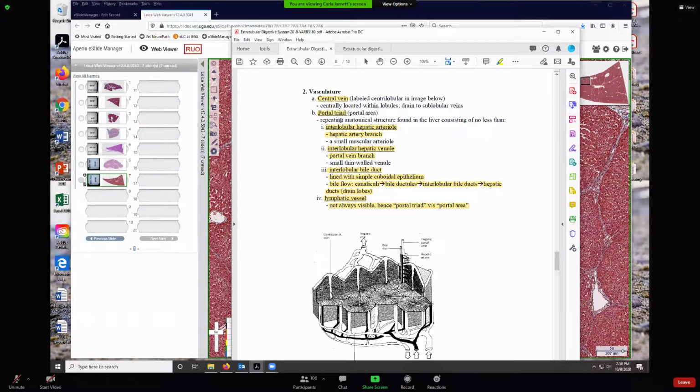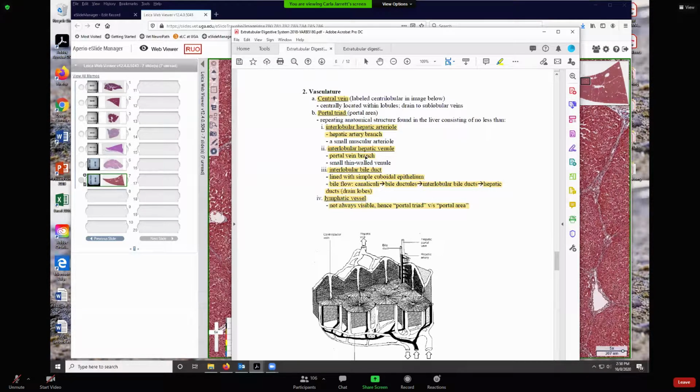And we're going to send those branches in, and they're going to divide and divide and divide and encircle each lobule. Those vessels are. And by the time they get small enough to circle each microscopic lobule, we're going to call them interlobular vessels. And the hepatic artery will be down to the size of an arteriole. Sometimes we'll call that the hepatic artery branch, or we'll call it the interlobular hepatic arteriole. It's the same thing. It's just a small subunit off of that hepatic artery.